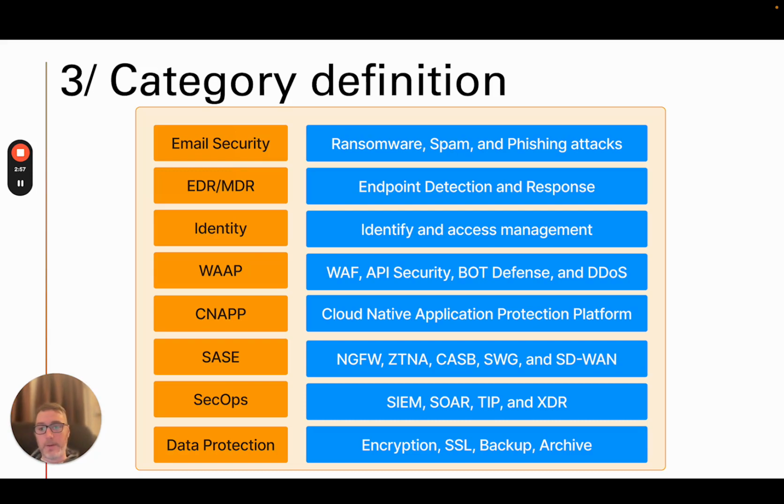CNAPP, cloud native application protection platforms, which I would say are the enablers for DevSecOps, or security development operations. Then this is the mouthful, secure access secure edge, a Gartner mashup of network firewall, zero trust, cloud access security brokers, secure web gateway, and SD-WAN. But just think network security for lack of a better encompassing term.